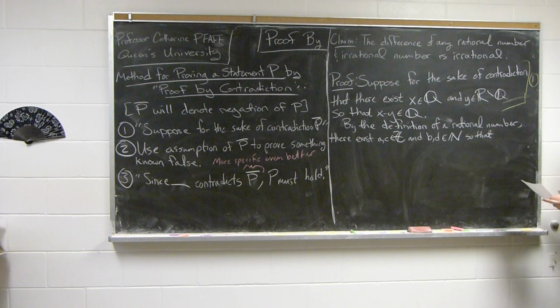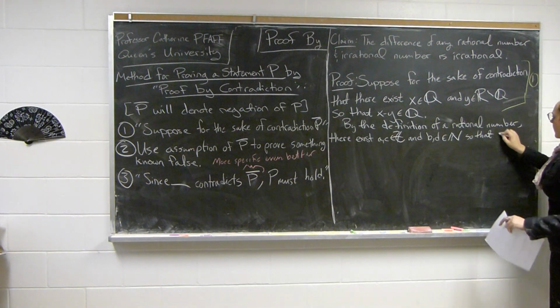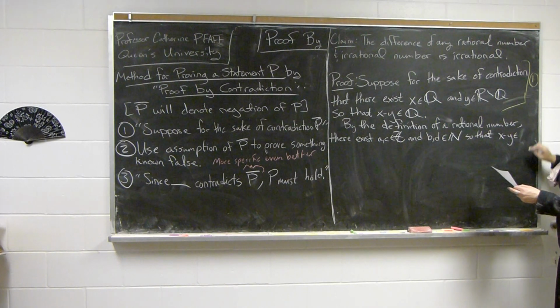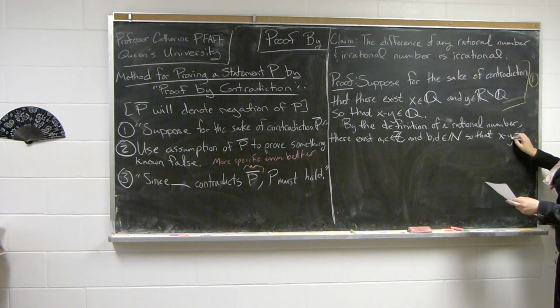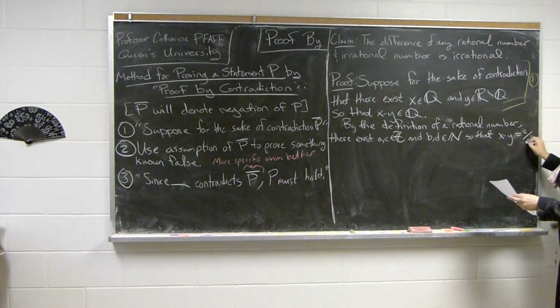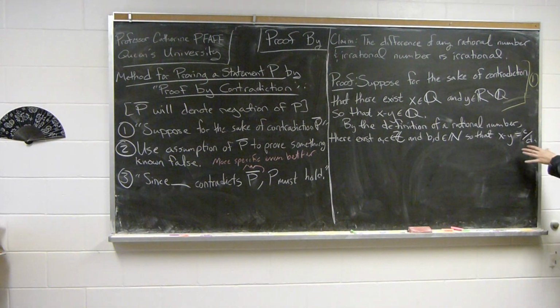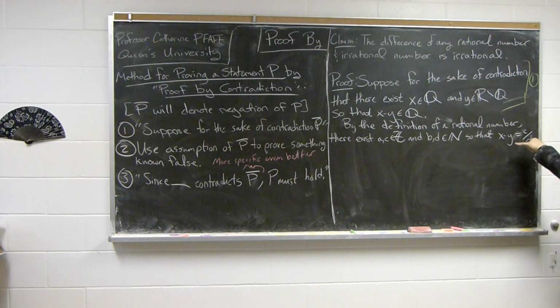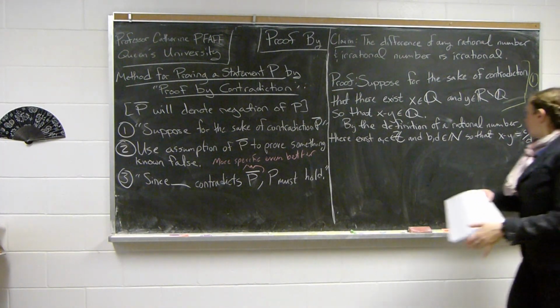I know that in some countries you include 0. So that x minus y equals c over d. So I'm changing both my x to be rational and the difference to be rational.